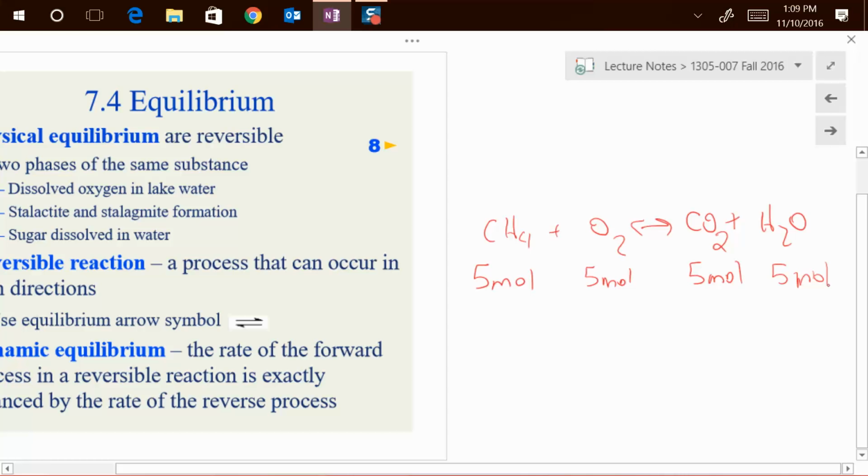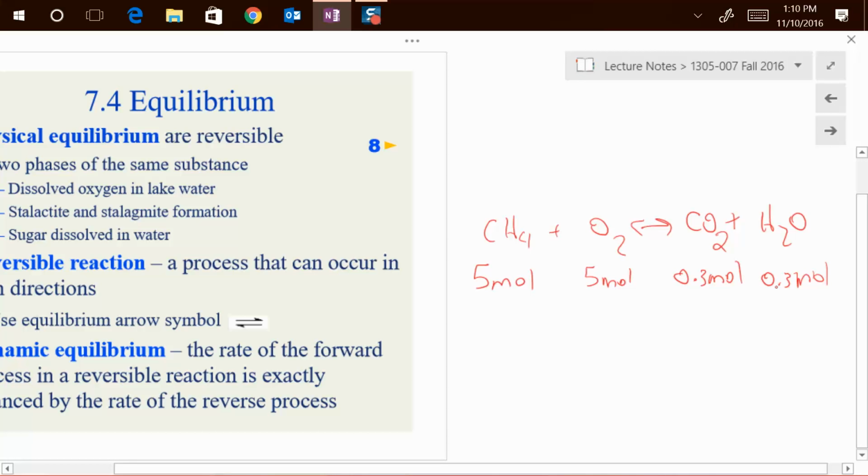Okay, these could be 0.3 moles of this and 0.3 moles of this. And this process could be in equilibrium. Equilibrium just simply means that the rate of this reaction to form this is just as fast as the rate of this reaction going backwards.